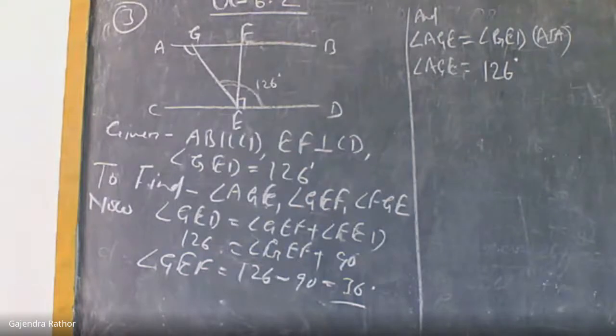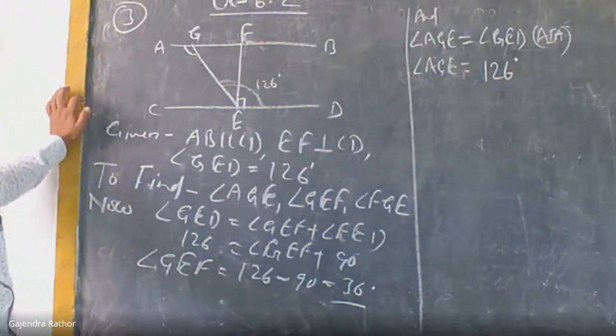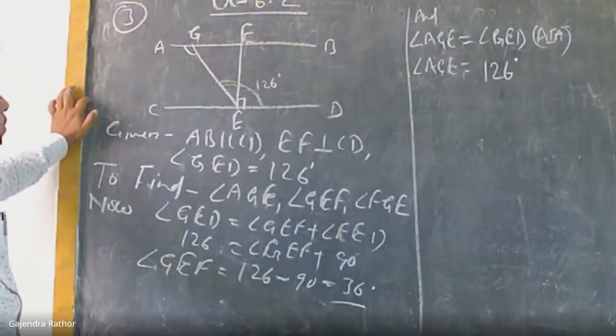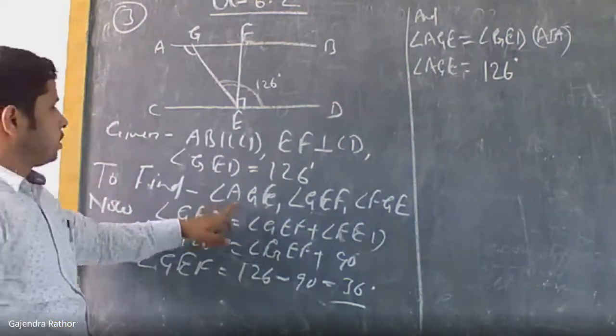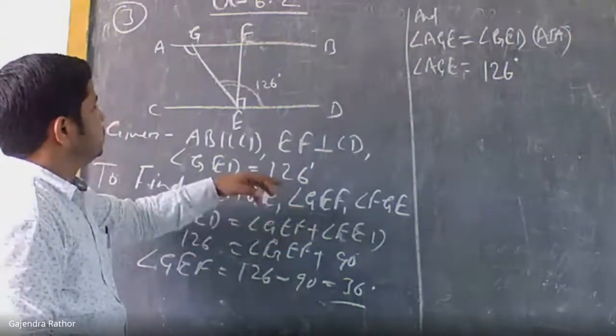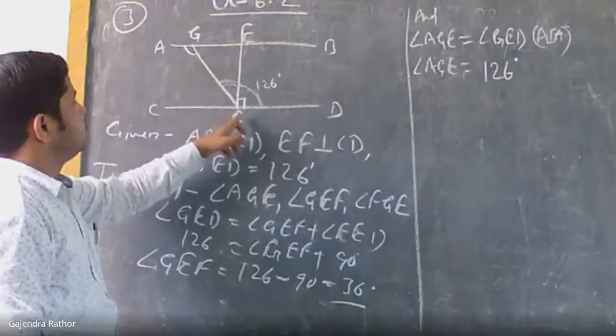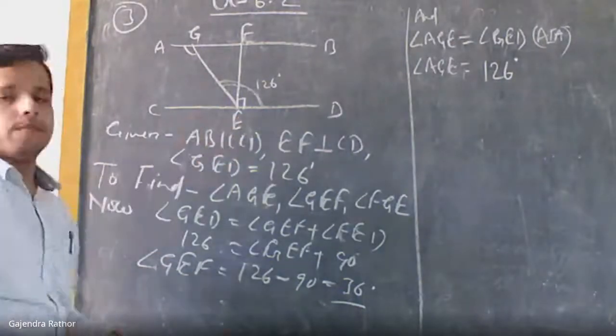Now for the third, what is remaining? Which angle remaining? AGE हो गया, GEF हो गया, FGE. Okay.